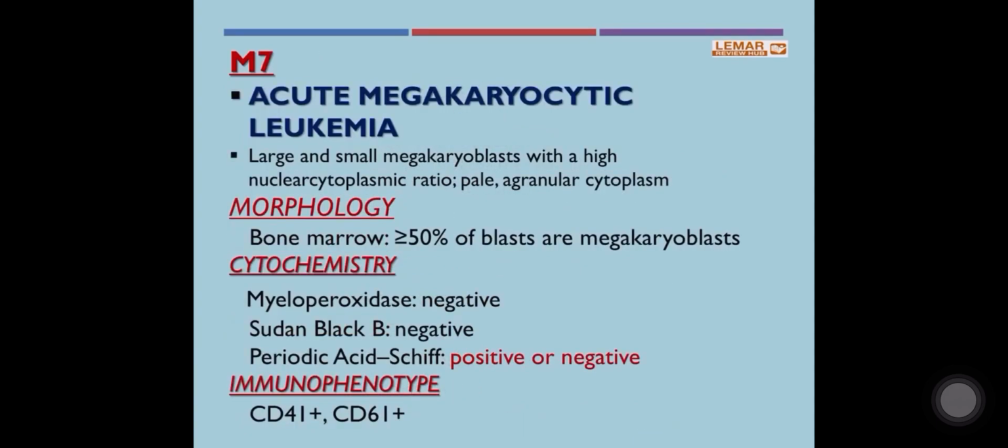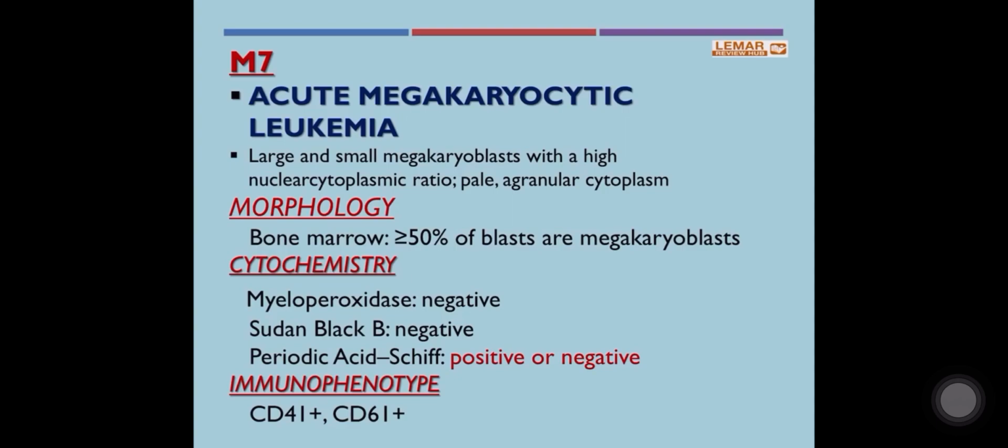Next, we have yung M7 or the acute megakaryocytic leukemia. The patient's bone marrow is characterized by 50 or over 50% blasts, which are megakaryoblasts.